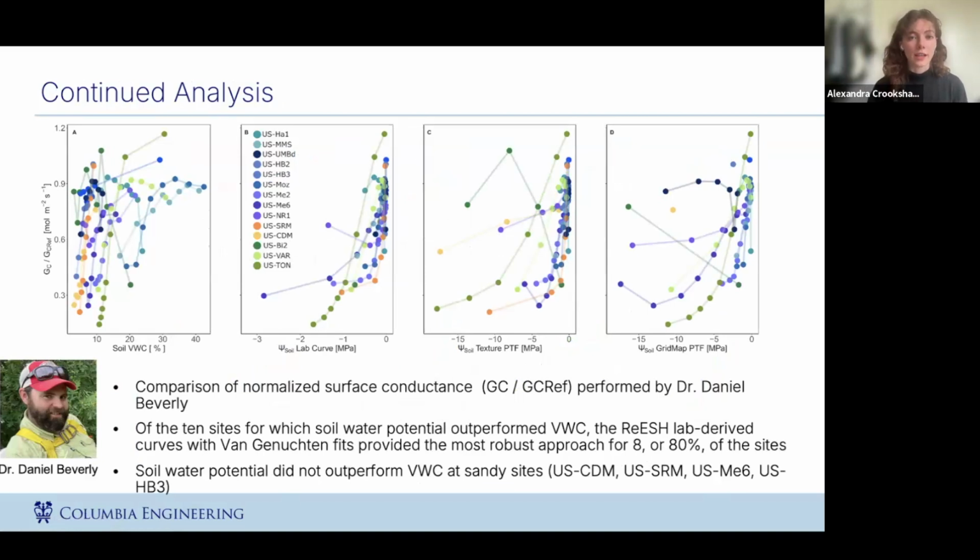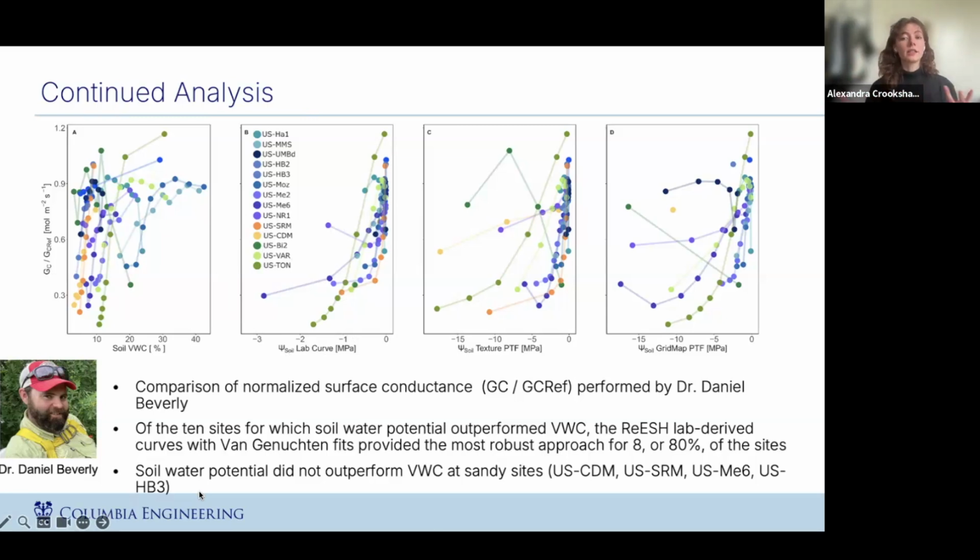As we added more sites, that signal does get a little bit more noisy, but the main message is clear. Out of the 10 sites that we looked at in this analysis, water potential outperformed volumetric water content in 80% of them. That relationship with surface conductance was stronger using matrix potential for 80% of sites, specifically using the lab-derived water potential.